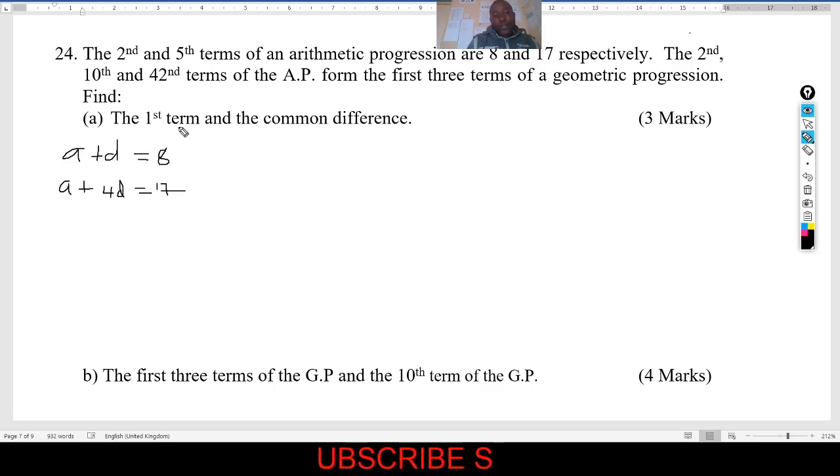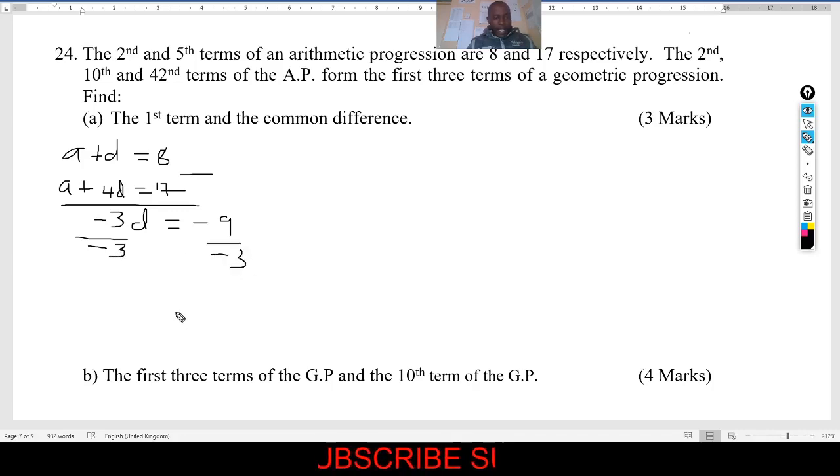So first of all, we find the first term and the common difference. From here, I can find the first term and the common difference. These are two simultaneous equations. If I subtract, A becomes 0, and this becomes negative 3D equals negative 9. If I divide by negative 3 on both sides, I get D equal to 3.